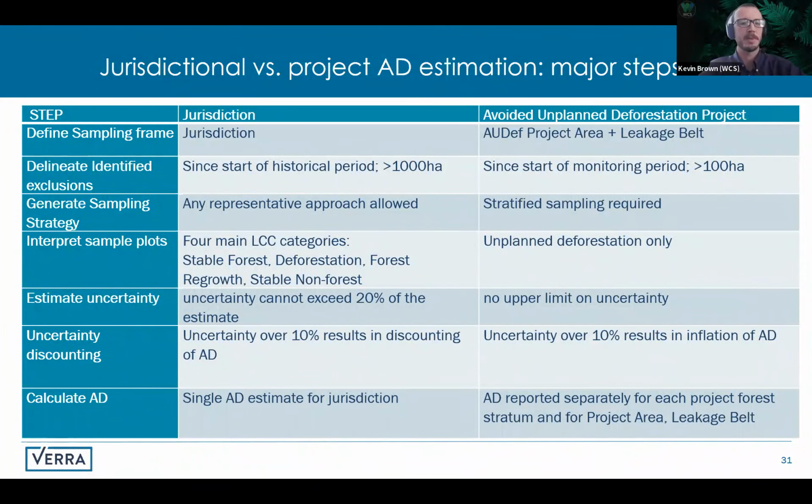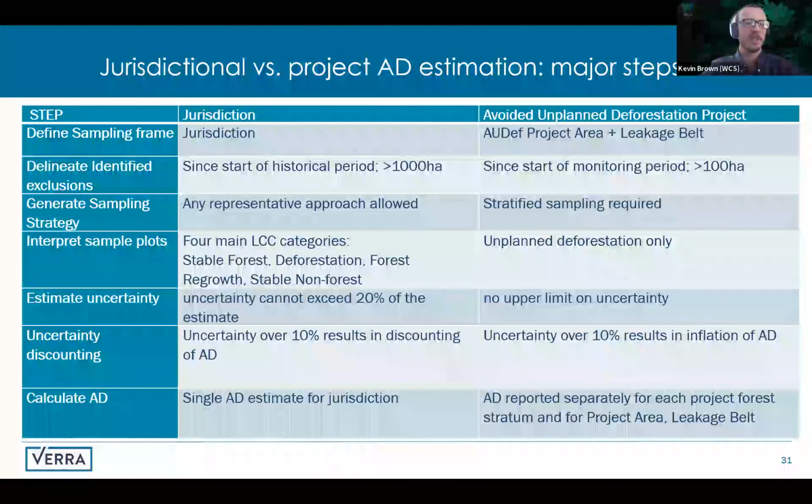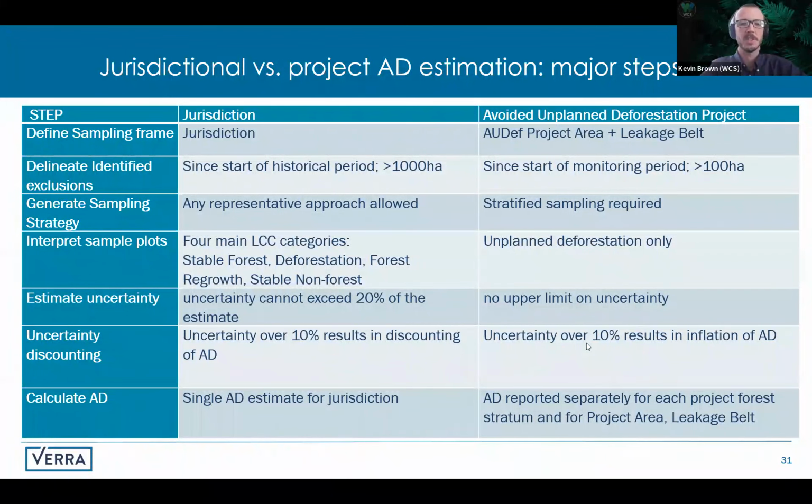The data service providers that submit applications to produce this data can propose an approach that is appropriate for that jurisdiction, as long as it is representative of the patterns of expected deforestation in that country, in that jurisdiction.